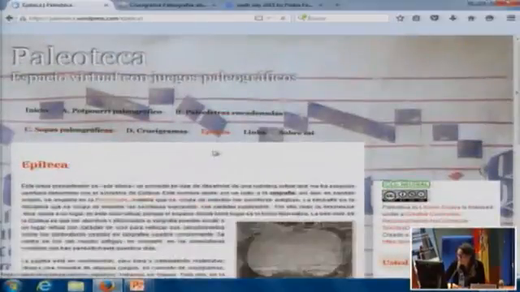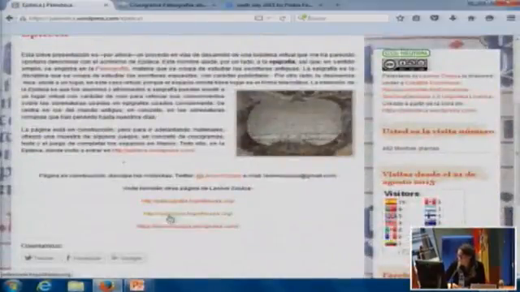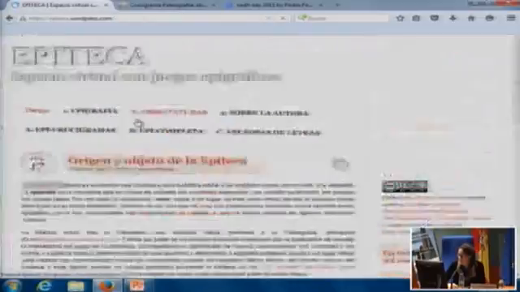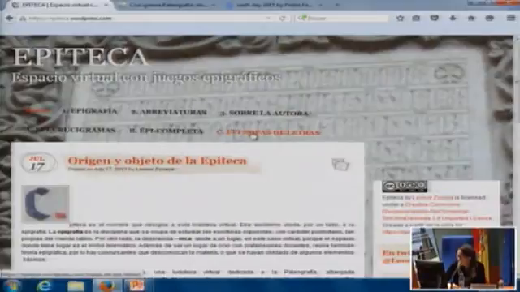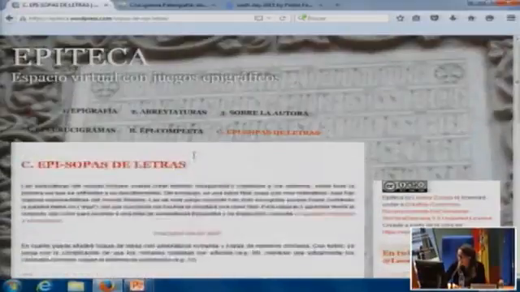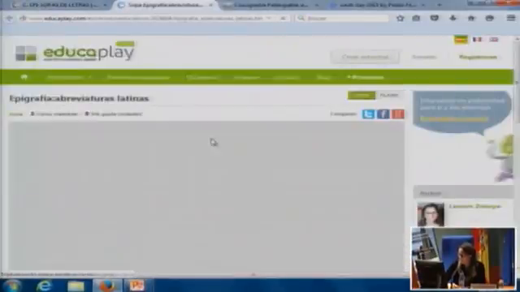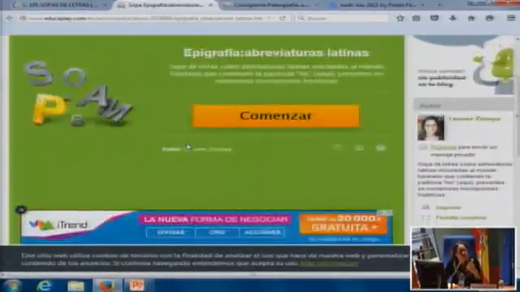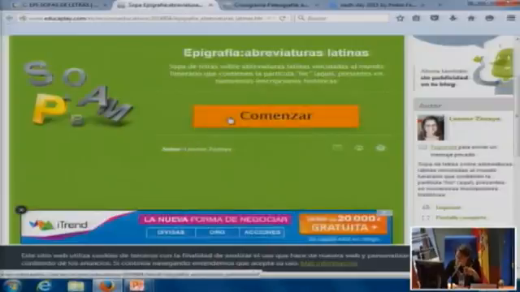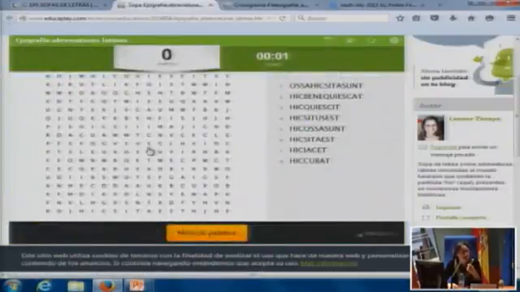The Epiteca is about epigraphy, and I wish to do these sopas de letras in an interactive way, because many times you have the same abbreviations, and the pupil says, how can I learn them? But there are a lot, they are always the same. It's quite easy.